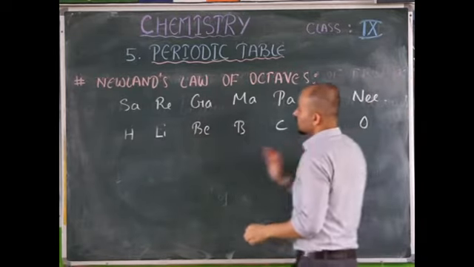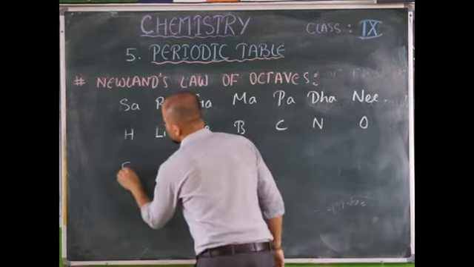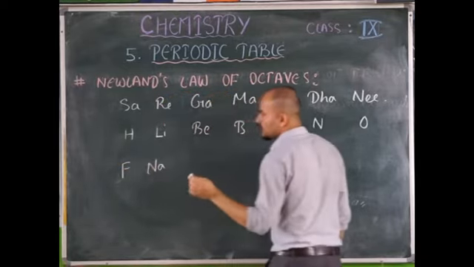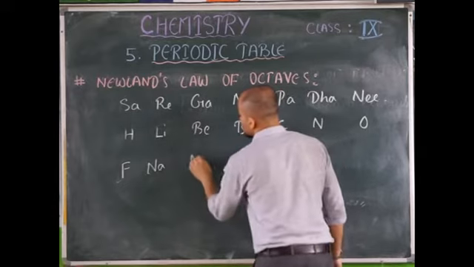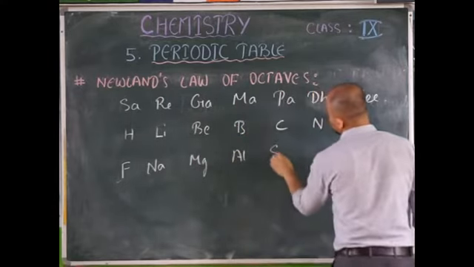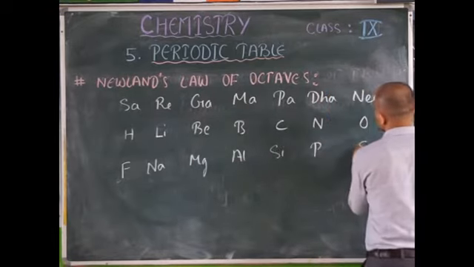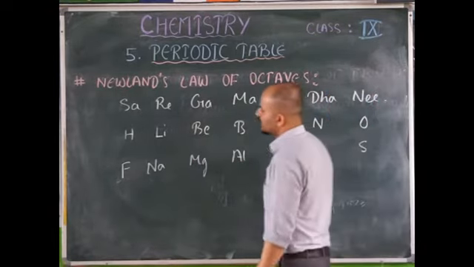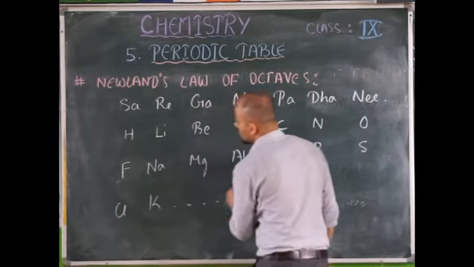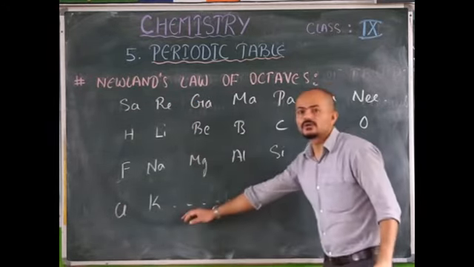Then again you came with fluorine here. Then sodium, because noble gases were not discovered. Sodium, magnesium, aluminium. Then you have silicon, phosphorus, sulfur. Then again you have chlorine and you have potassium.